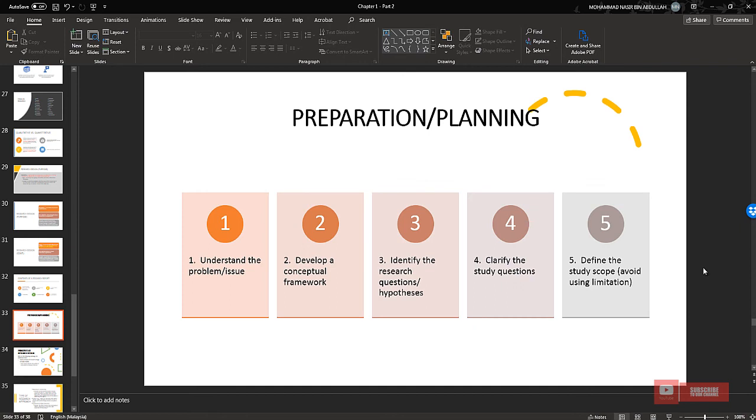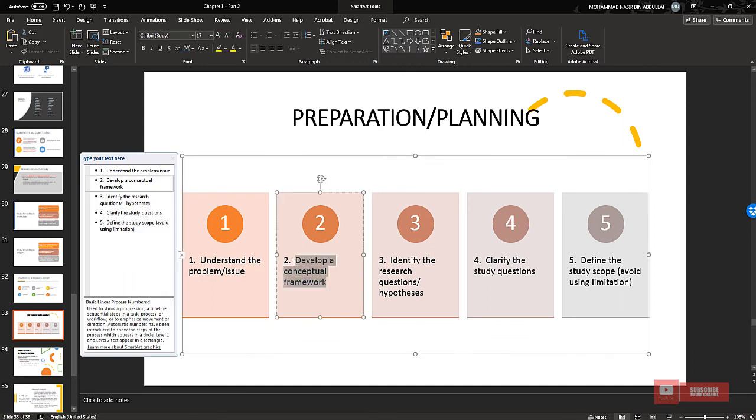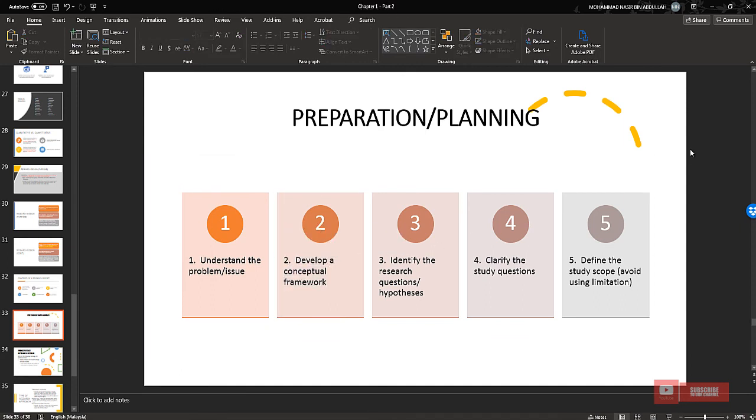For planning of doing research, the first thing you need to do is understand the problem or issues. Then you develop a conceptual framework. To develop a conceptual framework, you need to do a lot of reading on previous research. Identify the research question and hypothesis, clarify the study question, and last, define the study scope.